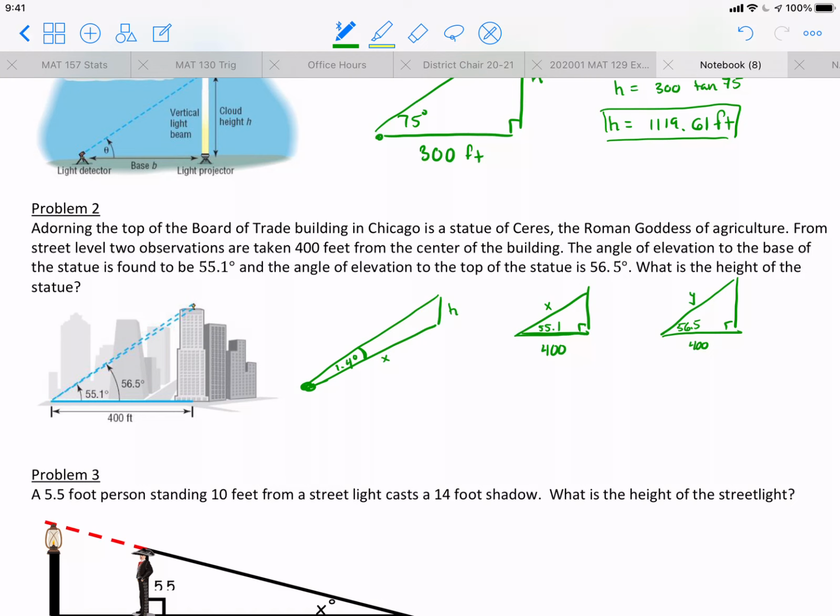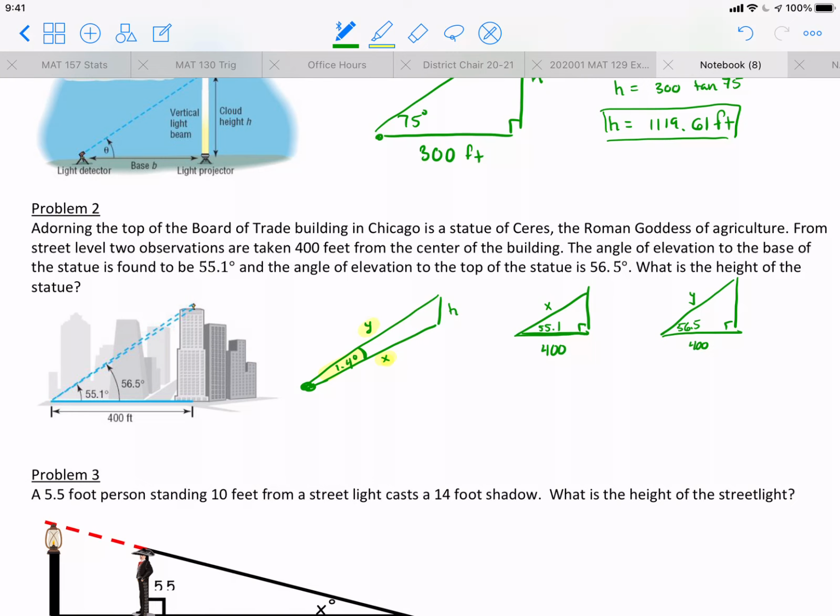It's going to give me this side here, which is equivalent to that one, if that makes sense. So both of these are going to use what? Both of these are going to use cosine to get those hypotenuses. And once I have those two hypotenuses, I can use the law of cosines, because I will have a side, angle, side, and so that will allow me to then find h.